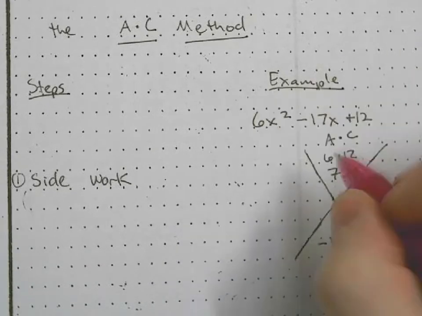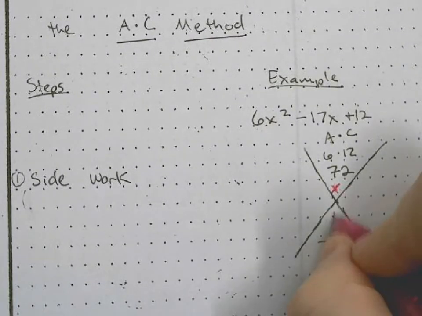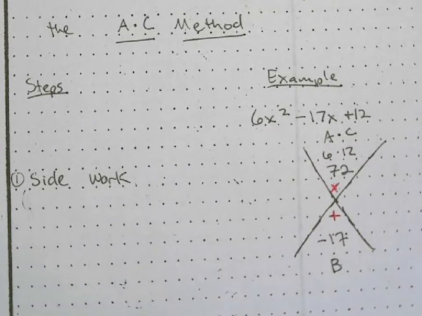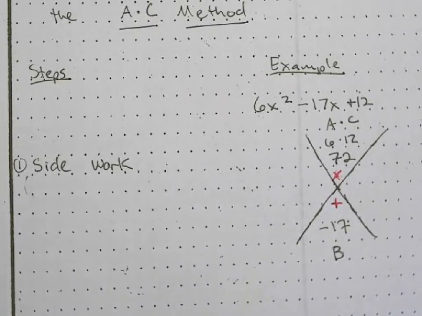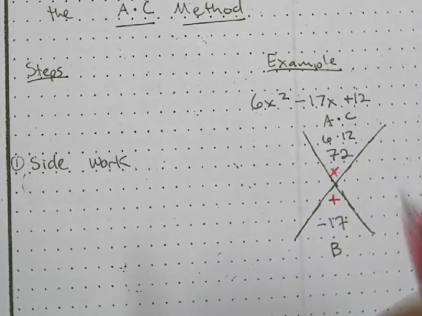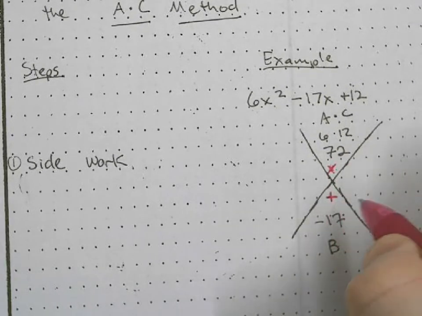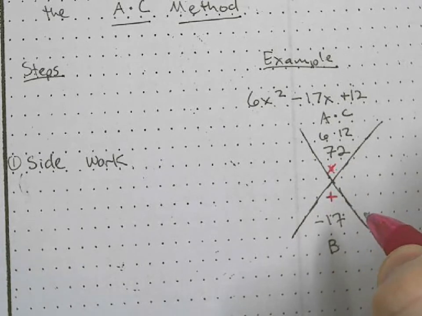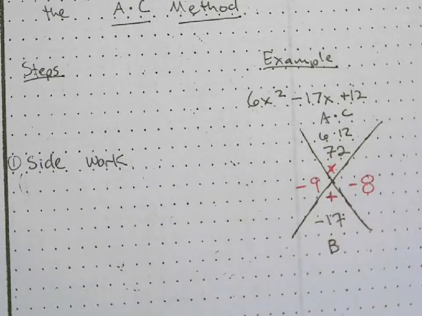Now what we're looking for are two numbers that multiply to 72, and at the same time, add to negative 17. This is where the thinking happens. Let's try negative 9 and negative 8.